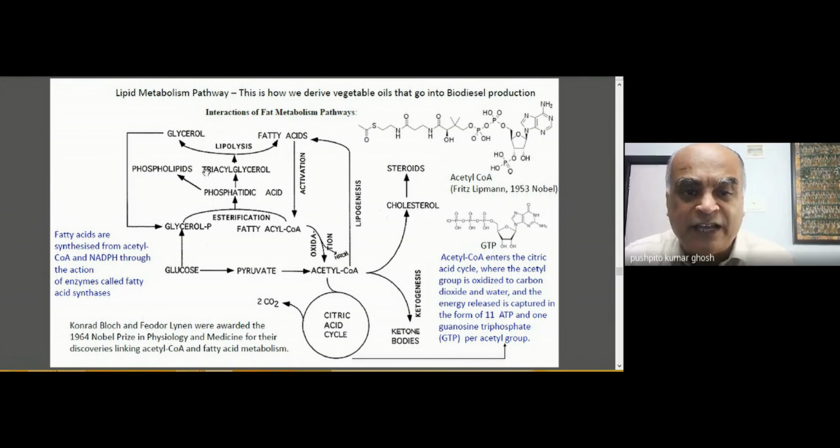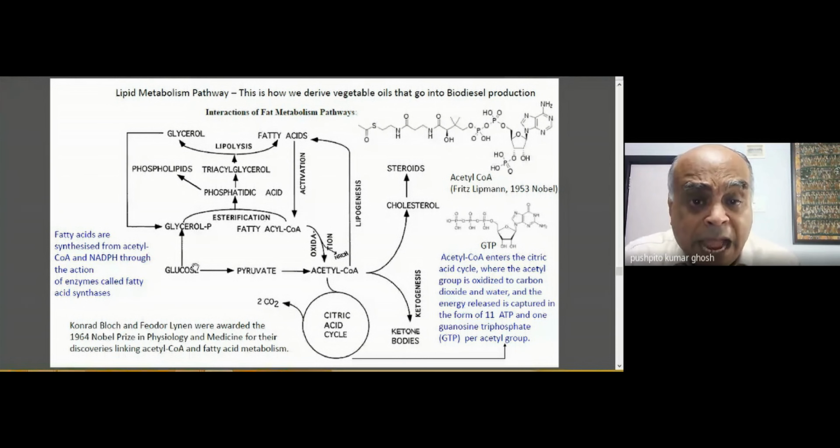These again can also be hydrolyzed back to glycerol and fatty acid, so I have a continuous cycle. Depending on what I'm doing, I can push the equilibrium one way or the other. This whole process is the lipid metabolism pathway, which is so crucial, for example, for making vegetable oils that go into biodiesel production.